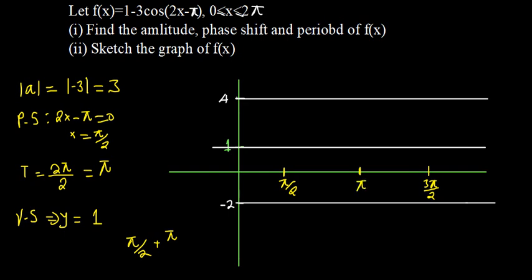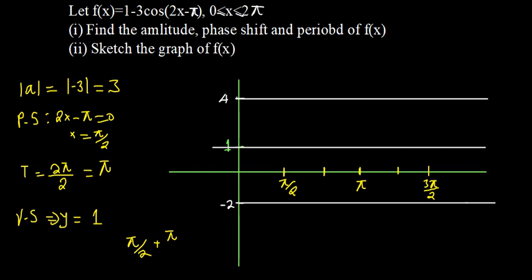The next thing that I do is now find the middle of the middle here and also the middle here. How do you do that? Pi over 2 plus pi, that is going to give us 3 pi over 2, and then divide by 2, because for the midpoint of a line, you add the beginning and the end and then you divide by 2.